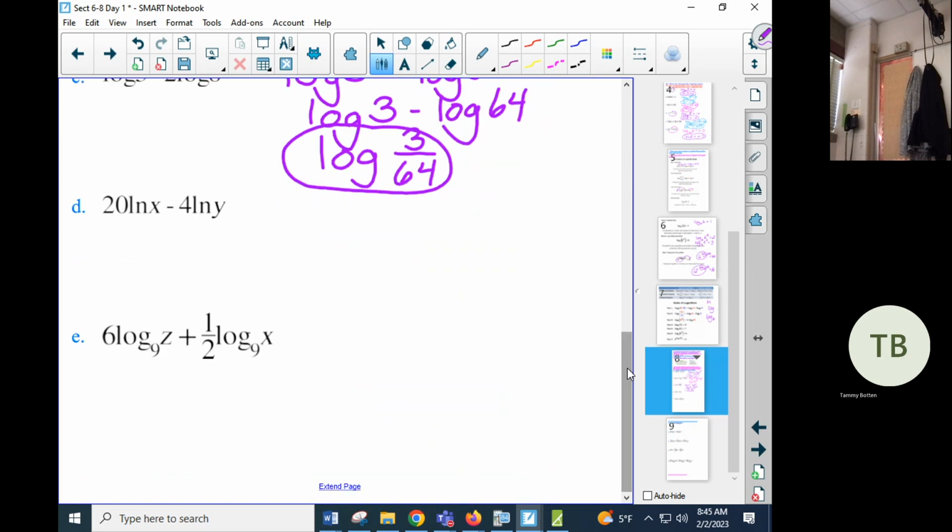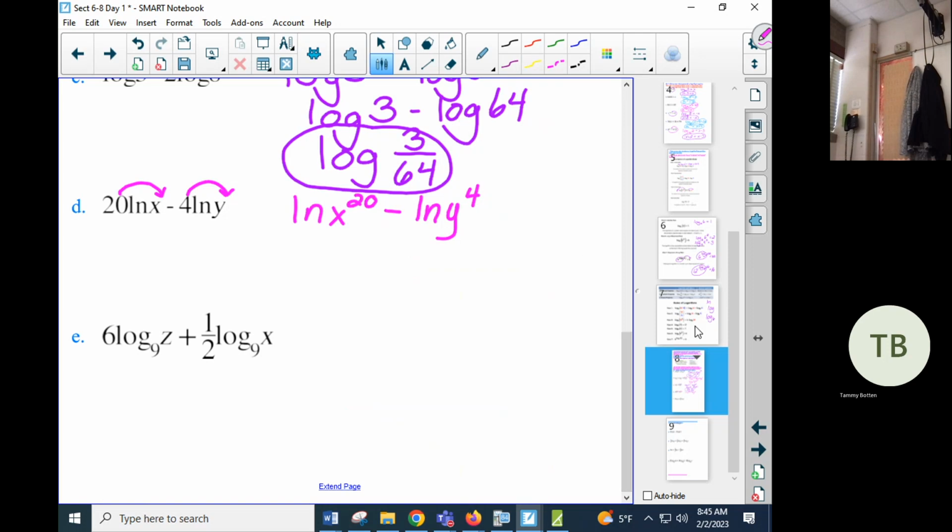So this next one, again, I'm going to bring these up as powers. So this first is going to be natural log of x to the 20th minus natural log of y to the 4th. Now notice here, I had just a plain log. Here I have natural log. That doesn't matter. What I'm looking for is, do I have a power that I need to bring up, and then is it added or subtracted?